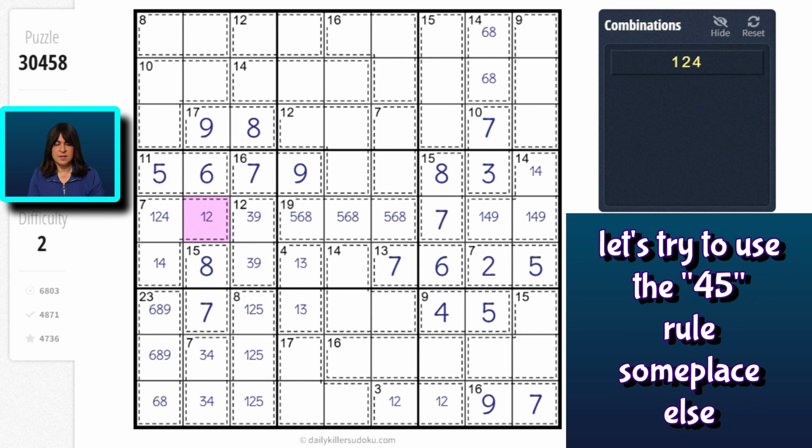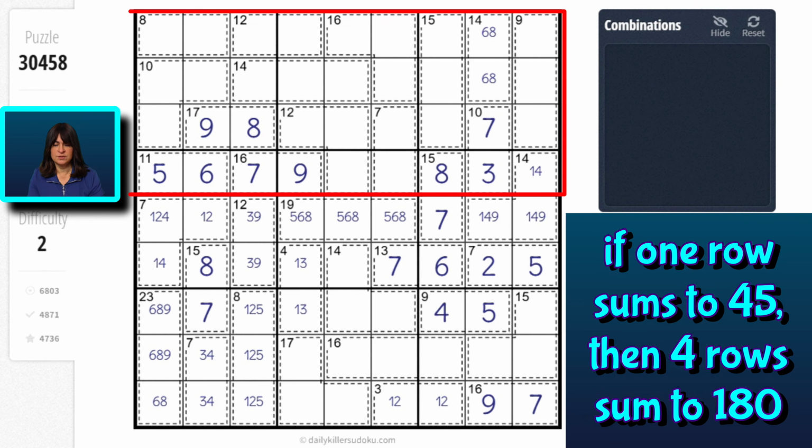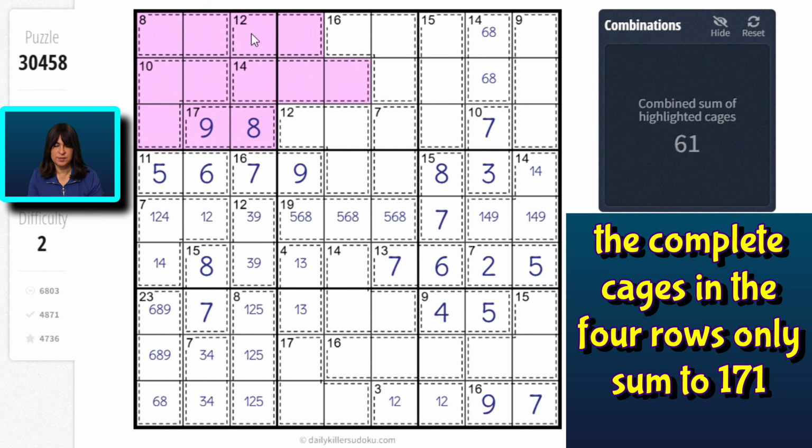Okay, now let's see if I can use the 45 rule somewhere else. These 4 rows should sum to 180, right? 45 times 4. 45 for each row, so 45 times 4 is 180. But if I add up all the complete cages here, let me highlight all the complete cages in the 4 rows.